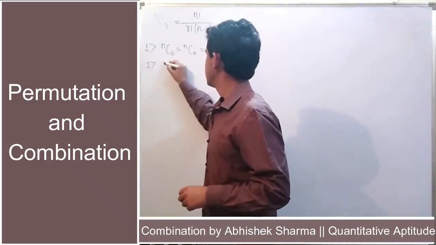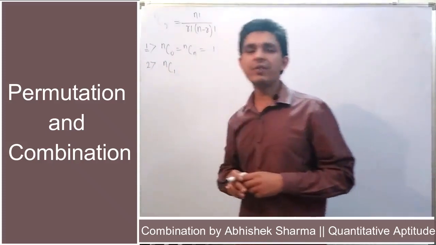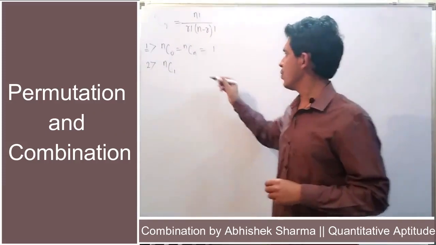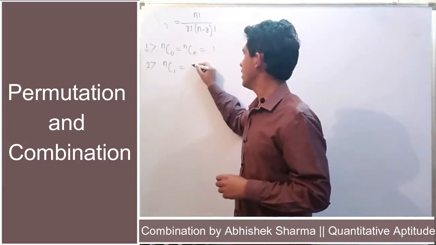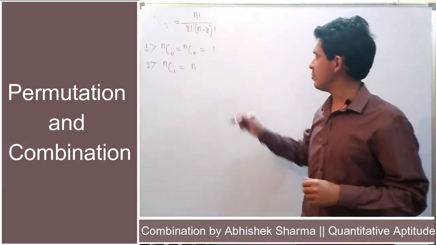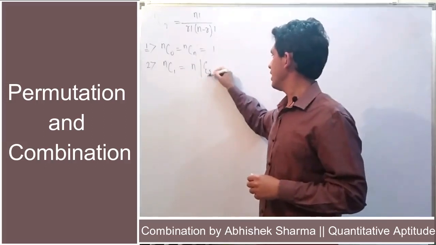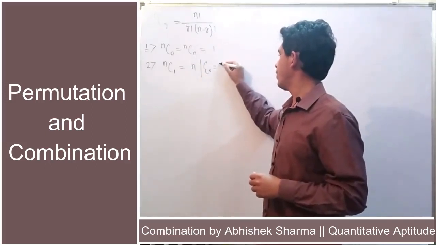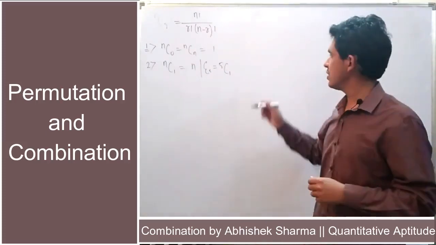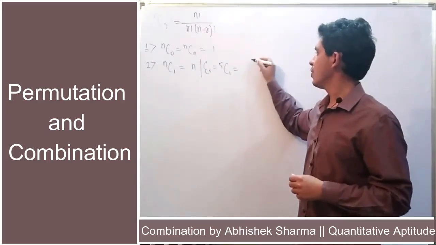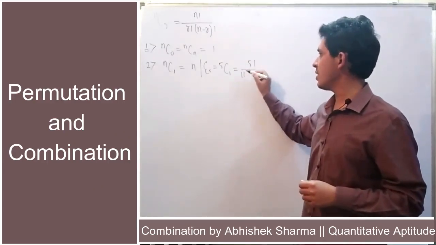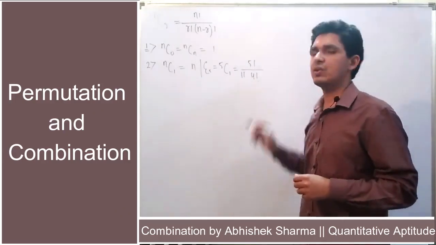Second, selecting one thing out of N can be done in N ways. For example, if I have 5 things and I have to select one thing out of these 5, this can be done in factorial 5 divided by factorial 1 multiplied by factorial 4.